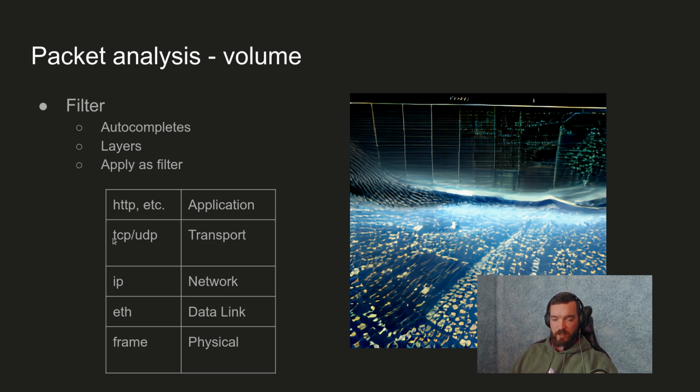For transport layer, it's mostly going to be TCP or UDP. For network, it's mostly going to be IP. Then for data link, it's mostly going to be Ethernet or ETH. And if you want any information about the whole frame or the whole packet itself, you can use the frame filter.